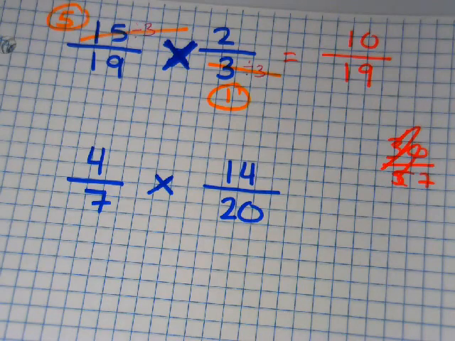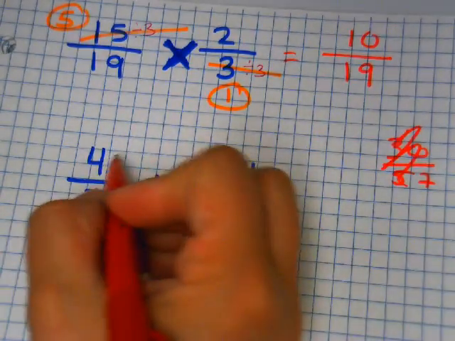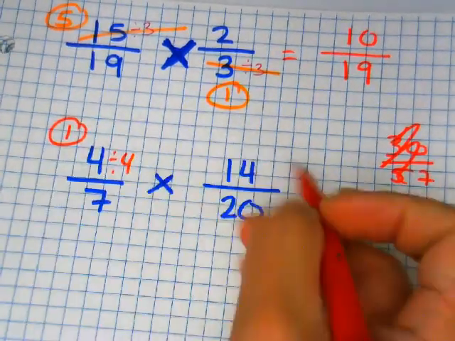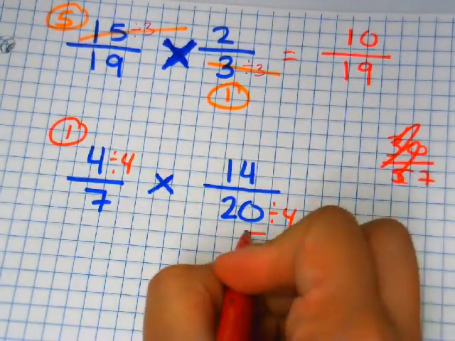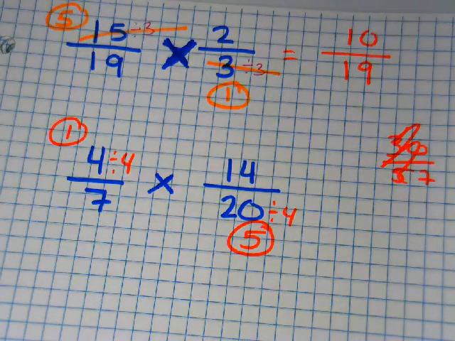No. All right. So what does the 4 become? A 1. A 1. What does the 20 become? A 5. Now, if you just did that, that lessens the work, right? If you just did that, it makes it easier.